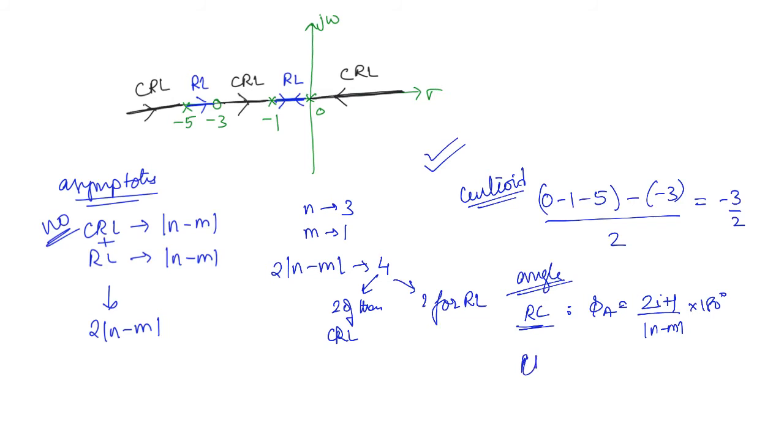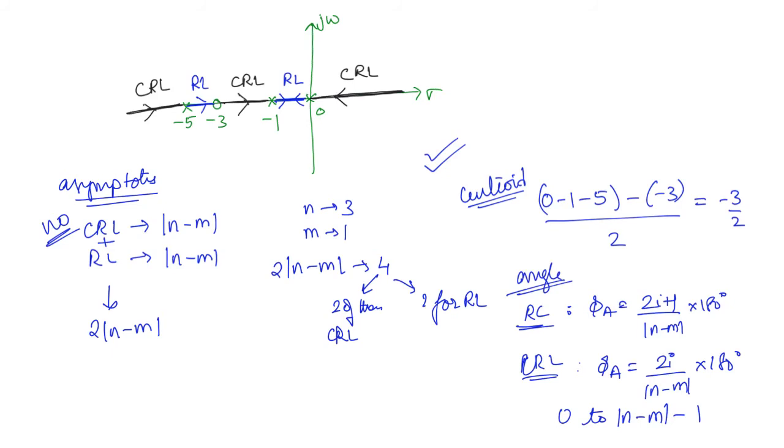For the CRL, because of the condition of angle, you will get 2i divided by mod n minus m into 180 degrees. So how will I vary i? I will vary from 0 to mod n minus m minus 1.